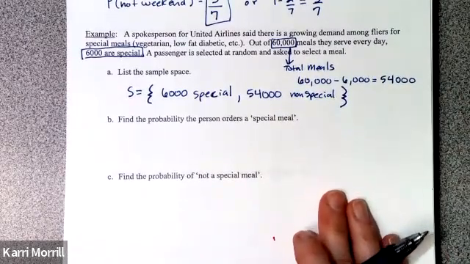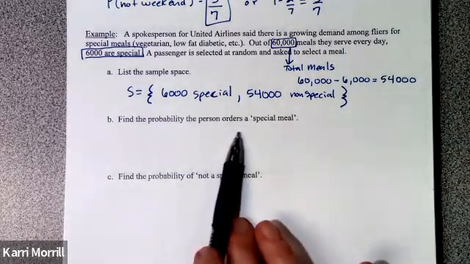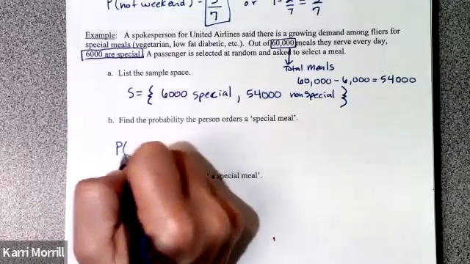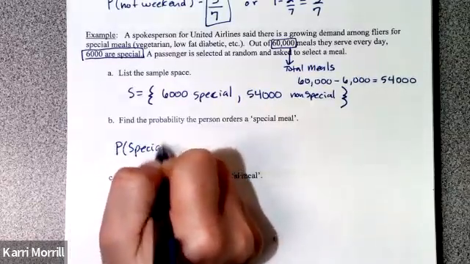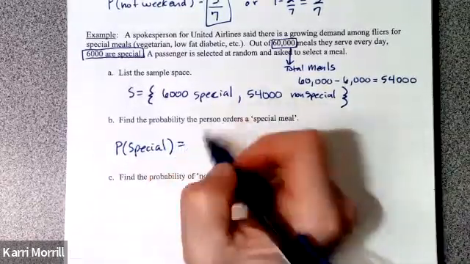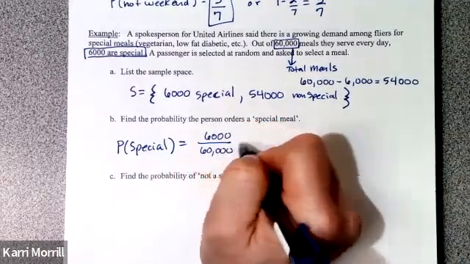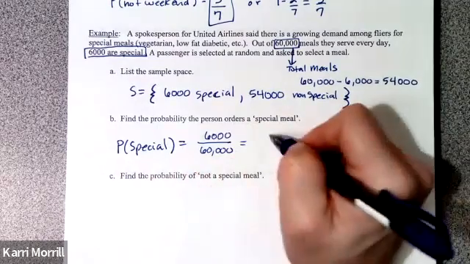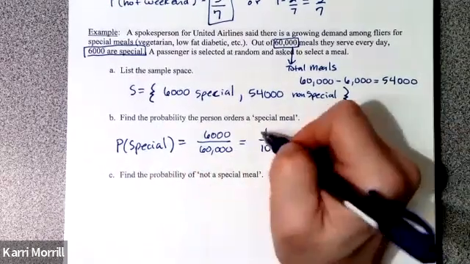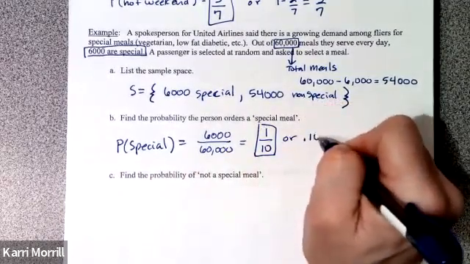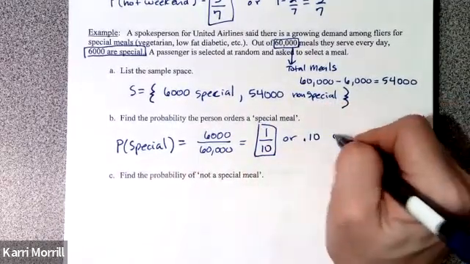Okay, so find the probability of the person that orders a special meal. When we say special, remember it is out of our total. So we'll say 6,000 out of the 60,000 are special. If I reduce that, it'd be 1 out of 10. Again, we can answer this as a fraction, or you may answer it as a decimal, or it could be a percentage.